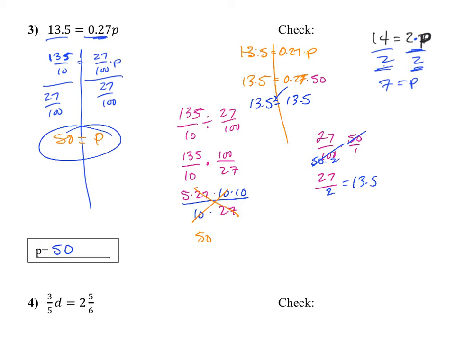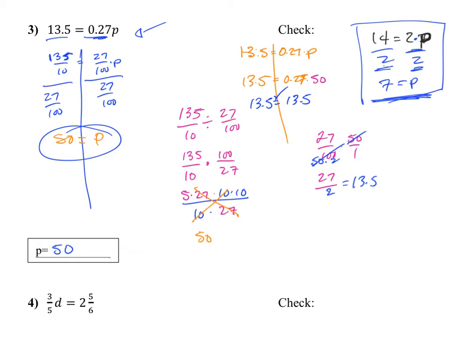Again, think about what we would do if it was just integers, and do the same process even though they are decimals: make them into fractions, over 100ths, over tenths.